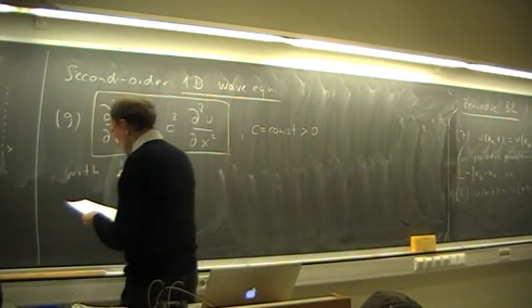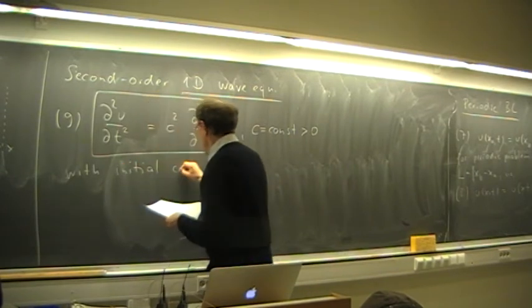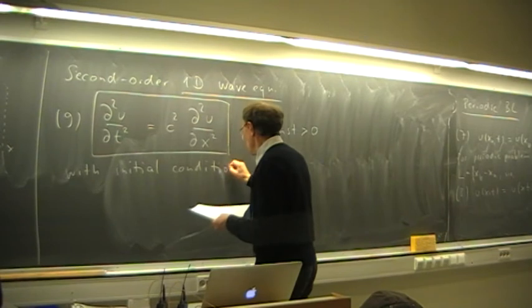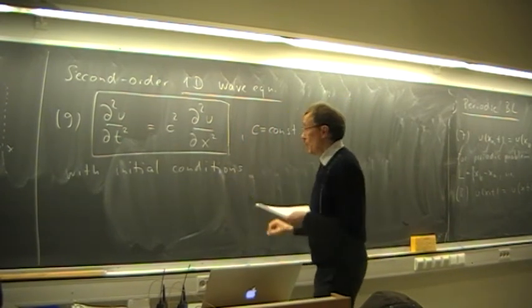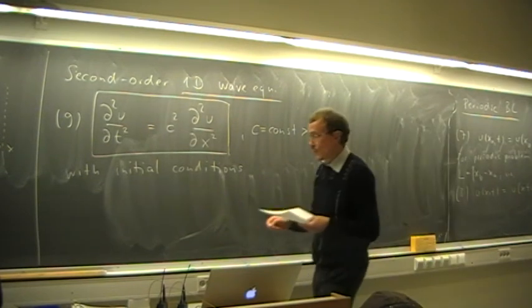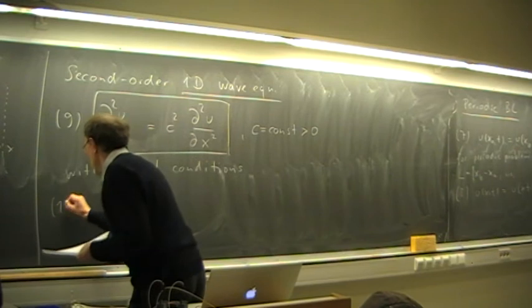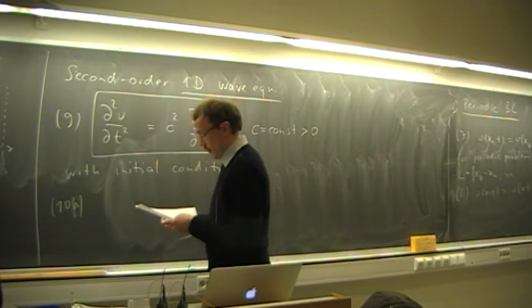And here we need not just an initial condition for u, our propagating quantity, but we need also an initial condition for the time derivative of u. Of course, we have now the second time derivative.